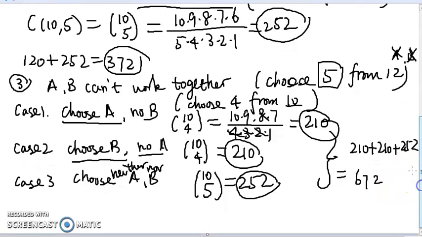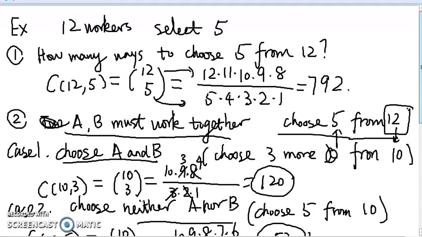So there's a different way to do this question. When we choose 5 people, we know from question A there is a total of 792 ways.